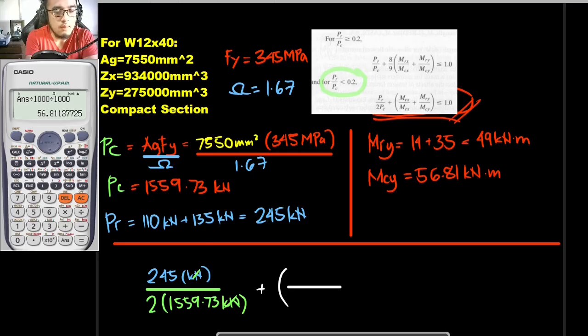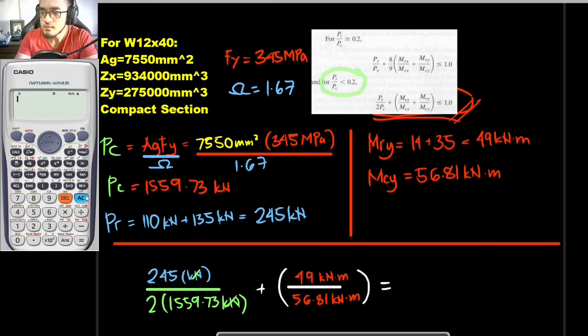Our MRY and MCY are 49 kilonewton meters and 56.81 respectively. So 49 kilonewton meter divided by 56.81 kilonewton meter. Solving this equation, 245 divided by 2 times 1559.73 plus 49 divided by 56.81. Our answer here is equal to 0.941.